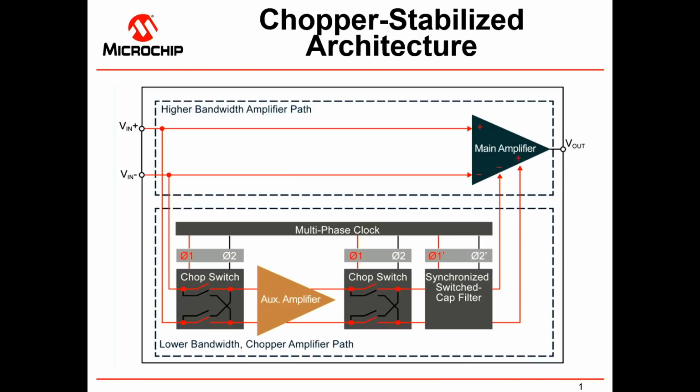So we're talking about correcting from about 10 millivolts on the inputs down into the microvolts when everything is done. The last block I wanted to mention is what's labeled synchronized switch cap filter. That is a needed filter to notch out harmonics of the clock frequency that's always in the output spectrum.